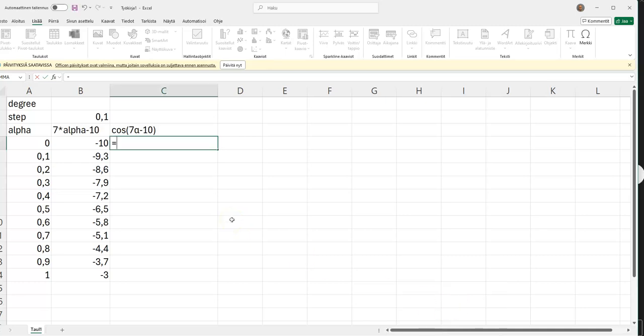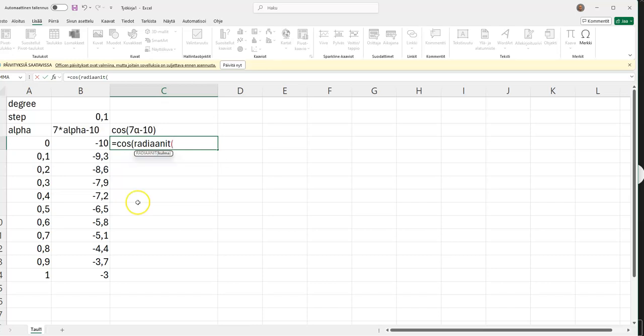So now I'm calculating cosine. With Excel we have to remember that Excel uses radian units, and when we have alpha in degrees, we have to use, in English, the radians command, and in Finnish it is radianit. So I will write here radianit.